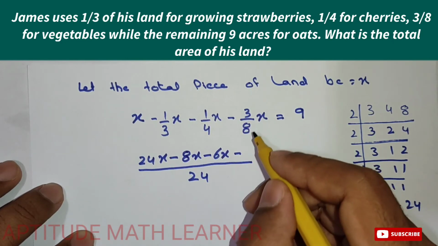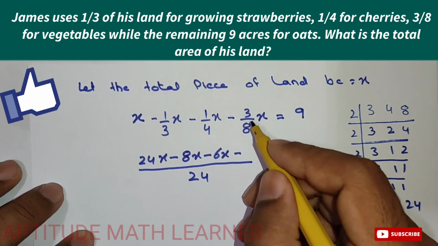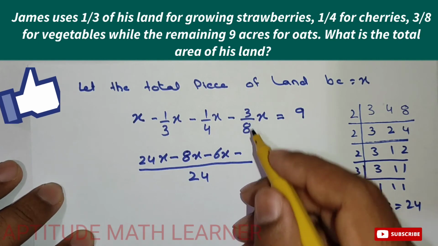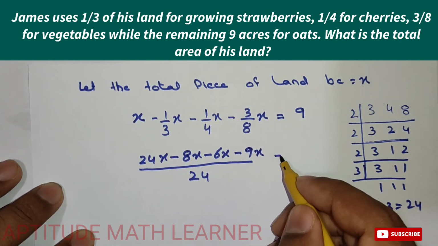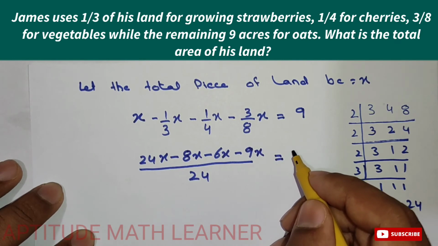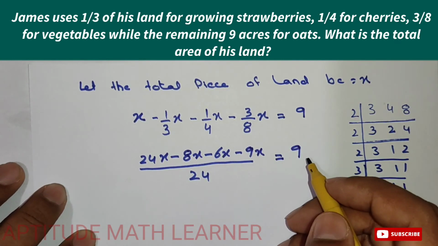So you have to be very careful with this 3. So 3 multiplied by 3, we get 9x, and this is equal to 9.